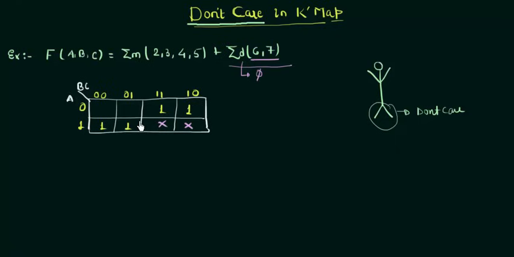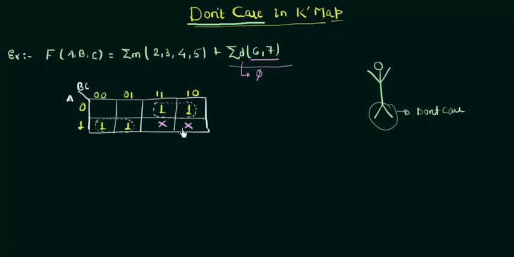Now we have to reduce it. If you did not have this don't care, then what is the combination? This was the first combination that you would have made in case you didn't have the don't cares. Then the other pair is this one, and these 2 pairs can easily be minimized.